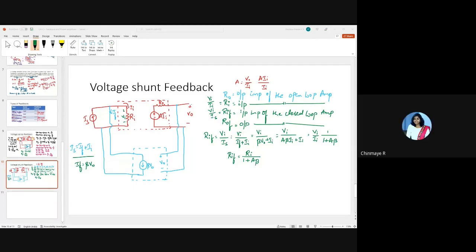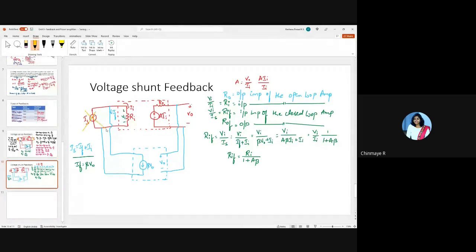Okay. So now we'll try to solve for the output impedance. What is R naught given by? Okay, let's do it this way. For calculating the output impedance, what should we do? We have to open circuit the input current source, right?